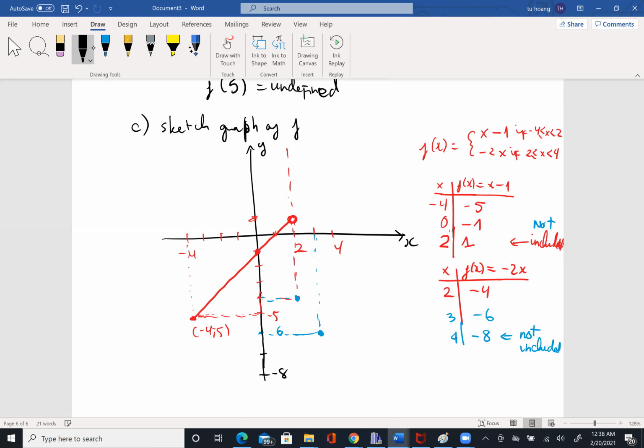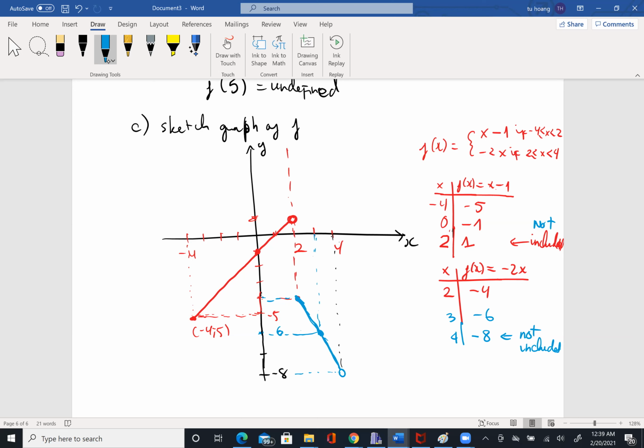Here's maybe 8 and then 4. And remember that this part is not included. So I'm gonna have an open circle. Okay, and then you're gonna draw the line, go through these 2 points and go to the open circle there. All right, so that should be the piecewise function.